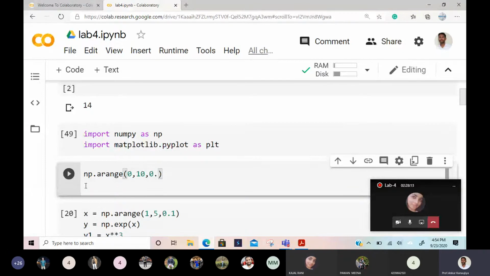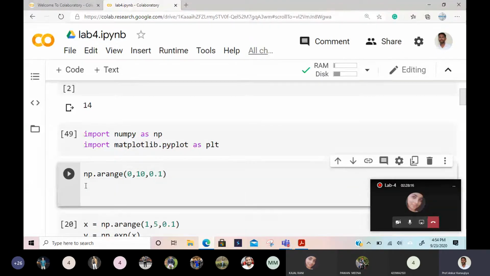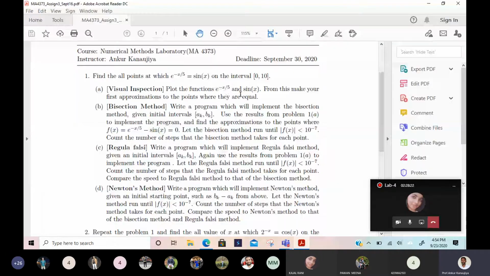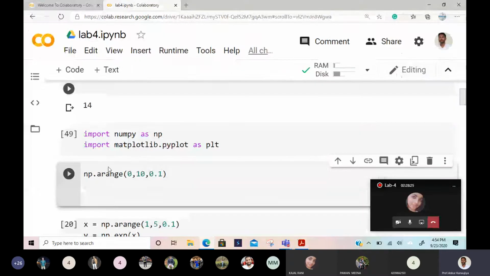So x is done. Now I have to plot two functions. One is e to the power minus x by 5, another one is sin x. So one I am calling y1, another one I am calling y2.